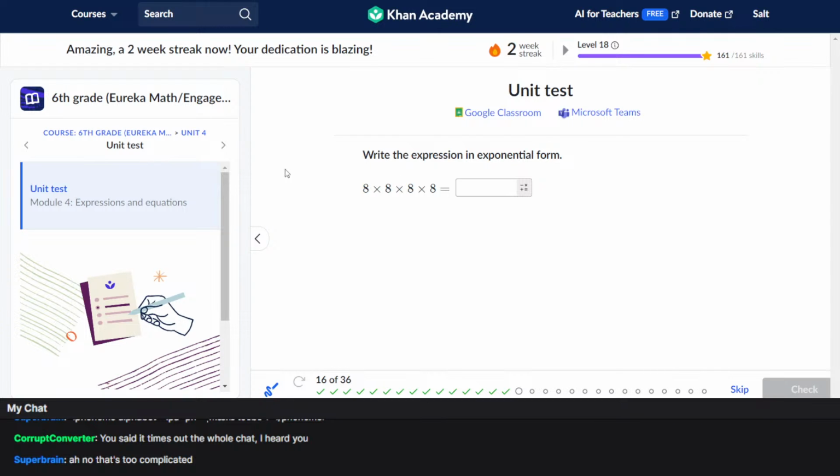What features do I have here? I mean, because I'm just using a free one. Let's see. I don't even know where to find it. Where's my... Corrupt Converter says they should add a blackmail button to the moderation tools. Definitely not.